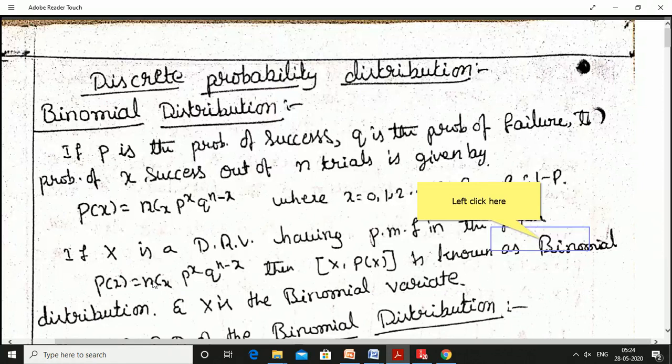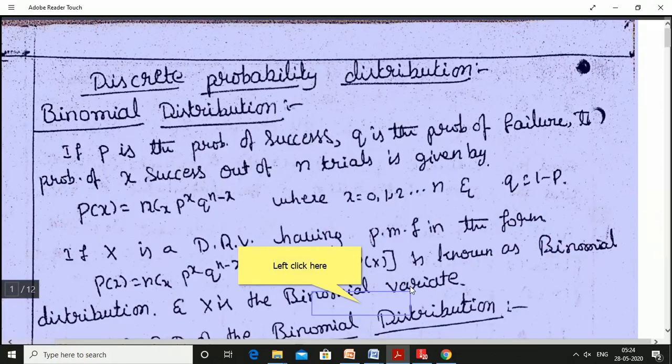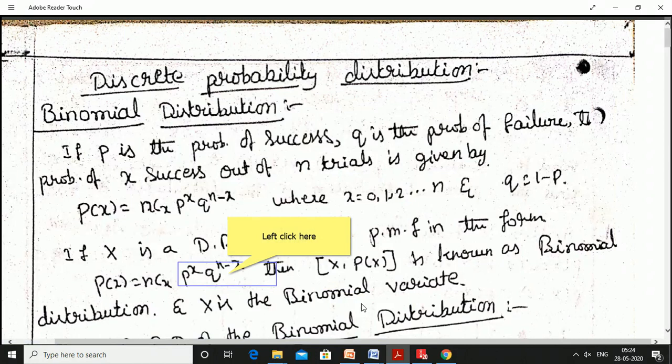Then X comma P of X, where X is the discrete random variable having the probability mass function P of X in the form nCx P power X Q to the power of n minus X, is known as the binomial distribution, and this X is a binomial variate. If we expand P of X for X equal to 0 to n, it takes the binomial expansion of the function P and Q. Hence, this distribution is known as the binomial distribution.